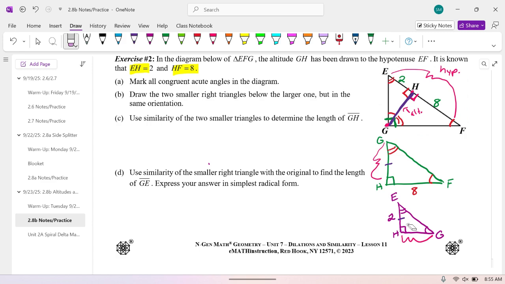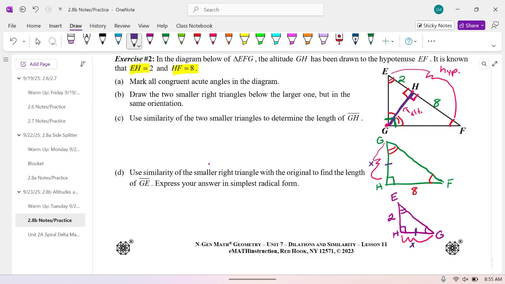Why did I just mark that one? Good Lord. So let's call these both x, because since they're congruent, we can name them the same variable. All right. Now, what's true about similar triangles and their side lengths? We went over this this morning. They're proportional.